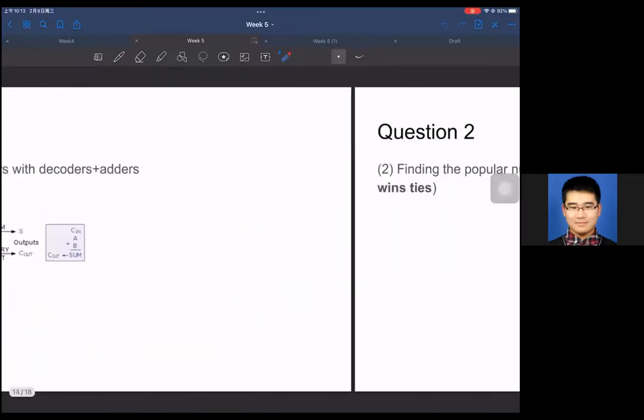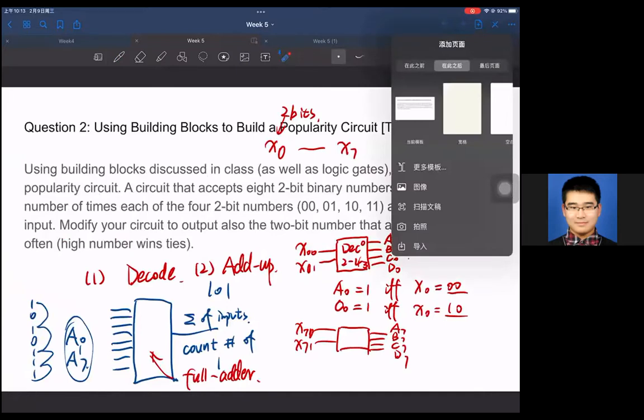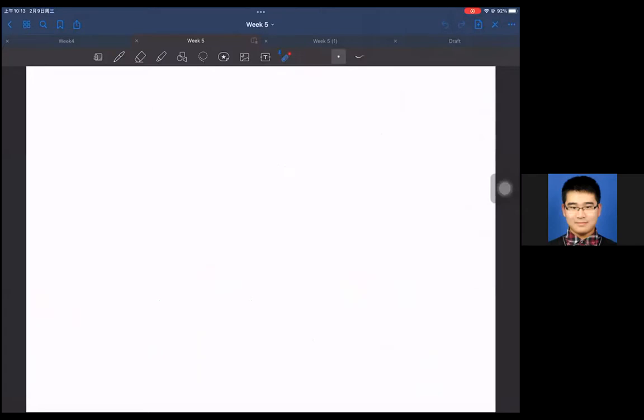Then the next one would be, okay, I didn't have anything here, so let's get started with a new page. Remember from the previous stage, we got A0. Let's just count the appearances of 00 first. So let's start from A0, A1, A2, A3, A4, A5, A6, and A7.